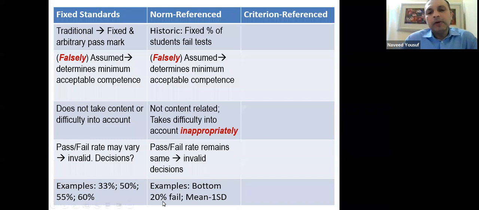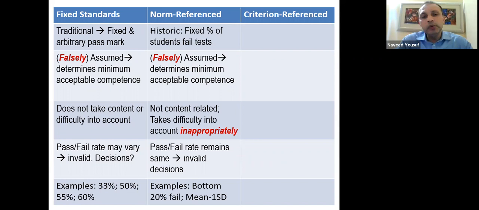Examples are, for example, you said that bottom 20% of my students will fail every time. Suppose this was an exceptional cohort taking the exam and all should have passed, but you will still fail the bottom 20%. Or it was a very poor performing class, poor performing cohort. At least 50% of them should not have been promoted or qualified.